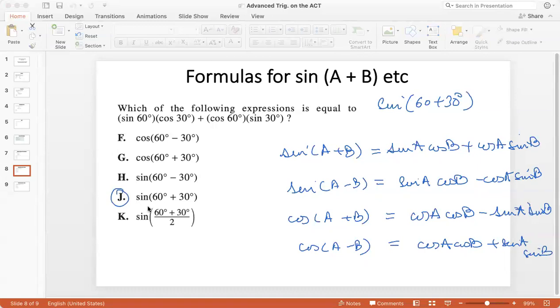So that's option J. And obviously sine 60 plus 30 is sine 90, which is 1.